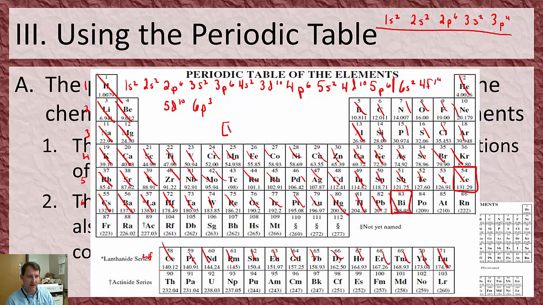I can put a bracket, xenon, and what that means is this should be the electron configuration of xenon plus 6s2, 4f14, 5d10, 6p3. Wow, so if you got that one, you're squared away and you really know what's going on with this stuff.